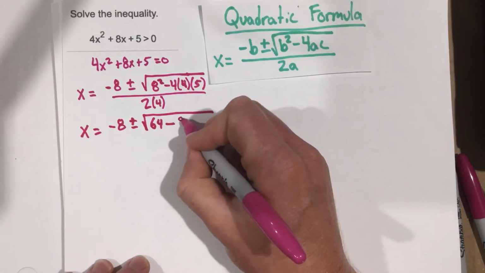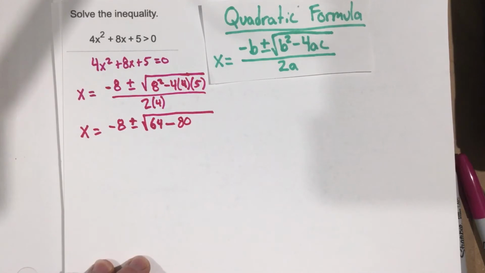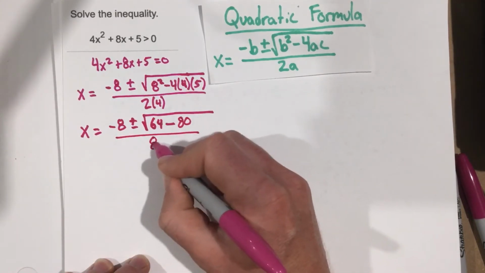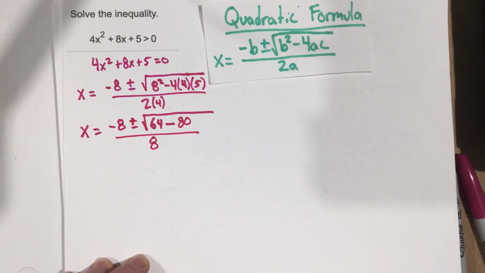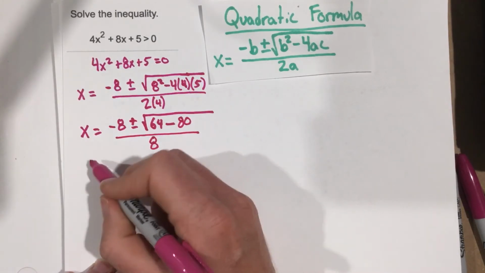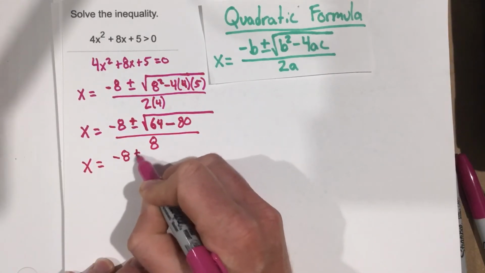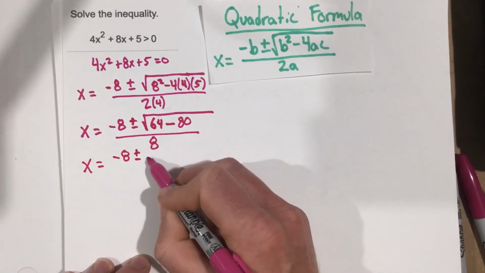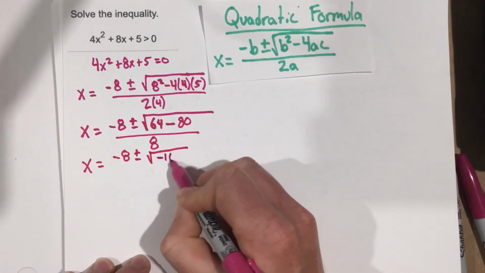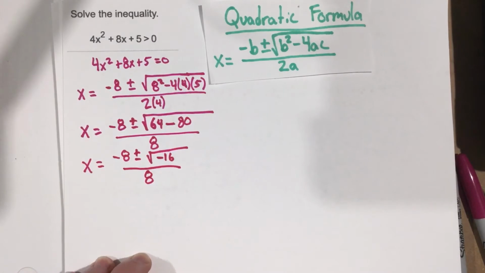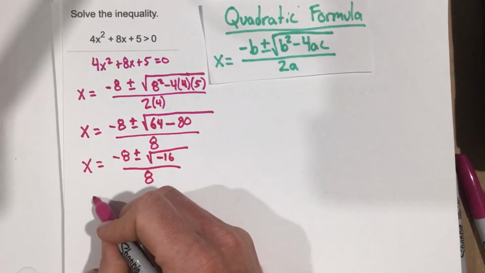So I get minus 80, and that's all over 8. Then solving this, I get x equals negative 8 plus and minus root negative 16 over 8. I continue solving here.